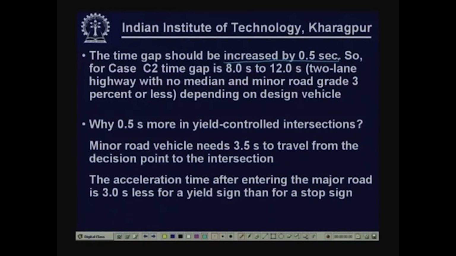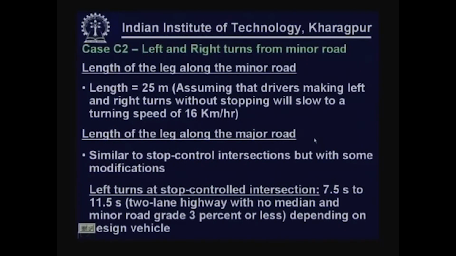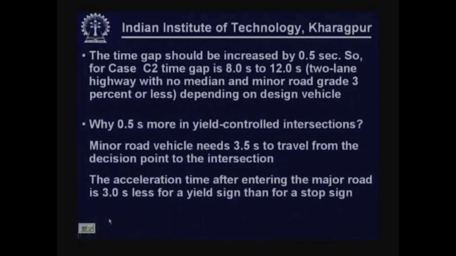So, here half a second more is assumed as compared to what was taken for stop control intersection. There it was 7.5 seconds to 11.5 seconds. In this case, it is 8 seconds to 12 seconds. Now, let us try to understand the basis for this increment in time by half second. Why is it increased?